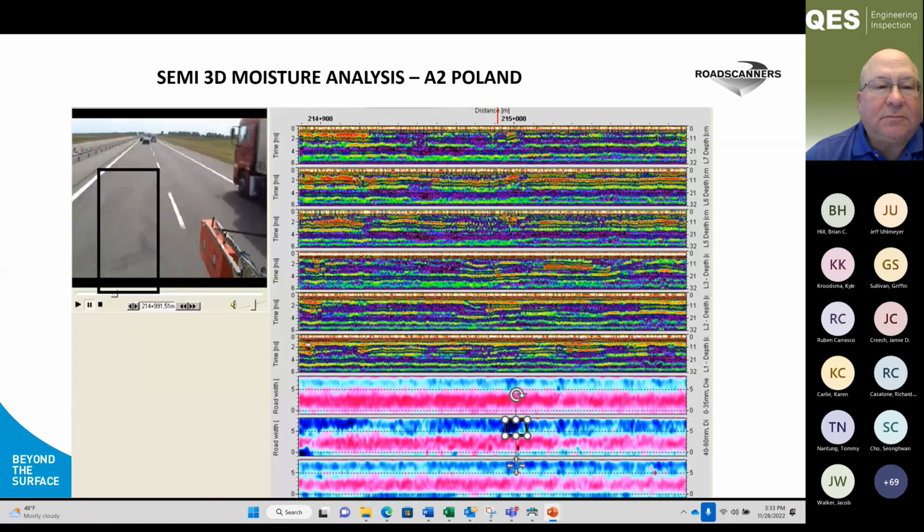Then we started to use, on the stripping or moisture-related problems, so to say, semi-3D moisture analysis, and this is from Poland about 10 years ago. In this case, we used pulse radars, but several passes per lane and road shoulders.